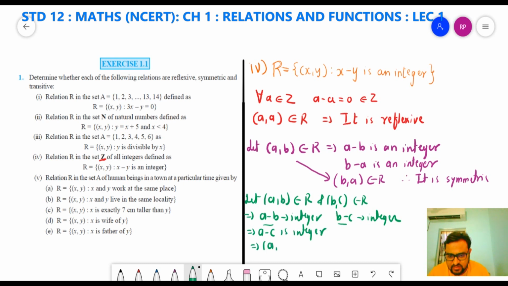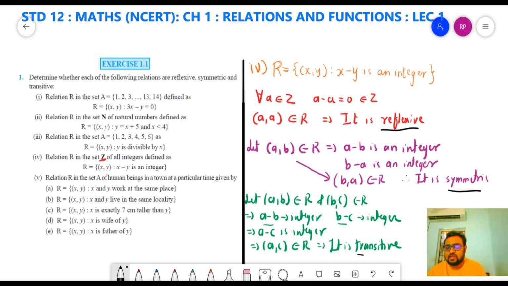So that means (a, c) belongs to R. That implies it is transitive. Clear? So the given relation is reflexive, symmetric, and transitive. Therefore, it is an equivalence relation. It is not asked, but we can write it down. Clear? So note it down.